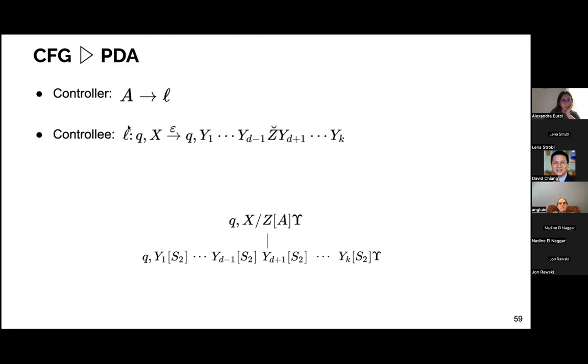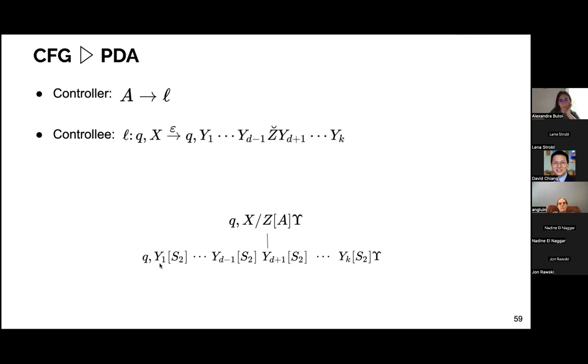The next case is when the controller has a rule A goes to L, and the controllee has a transition labeled with L. The top X scans nothing and then pushes a series of new stack symbols, among which there is Z, which is the distinguished one.